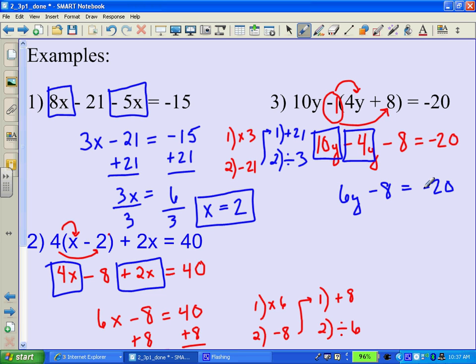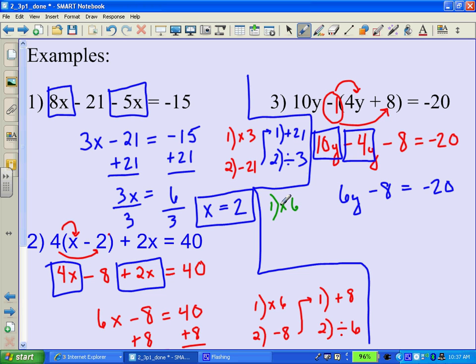Alright, so now I'm ready once again to solve. Alright, so I'm kind of running out of room here. Let me kind of divide this off for you. Okay. So, what's happening to y? Well, first thing, times 6.